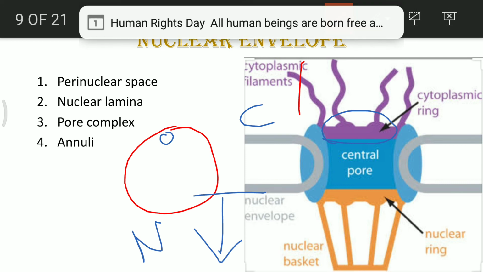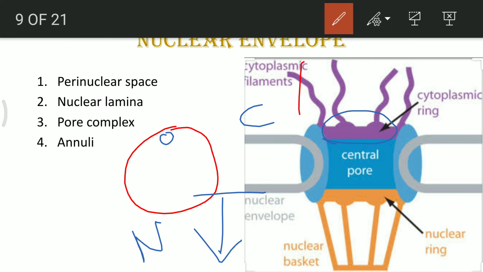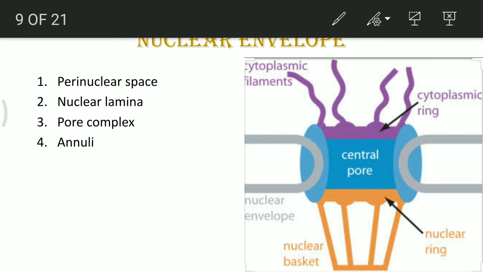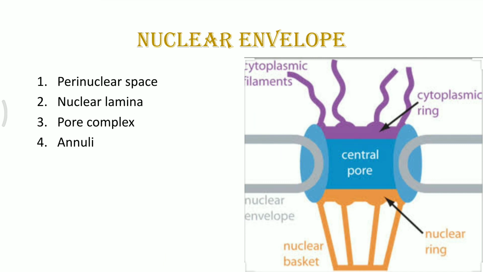So the nuclear envelope disappears for some time during cell division, and that is the time when we do not find the presence of the nuclear envelope. Other than that, we have the presence of the nuclear envelope throughout the time the nucleus is working or is present inside a cell.